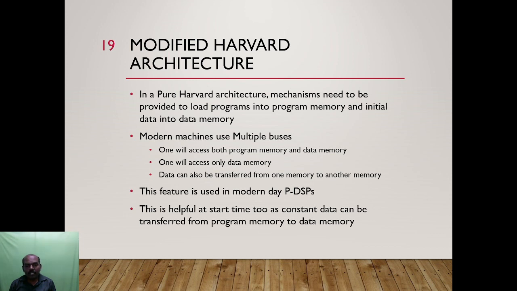One will access only data memory. Data can also be transferred from one memory to another memory. This feature is used in modern day programmable digital signal processors. This is helpful at start time, as constant data can be transferred from program memory to data memory.